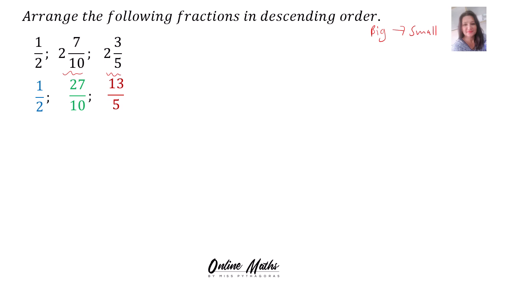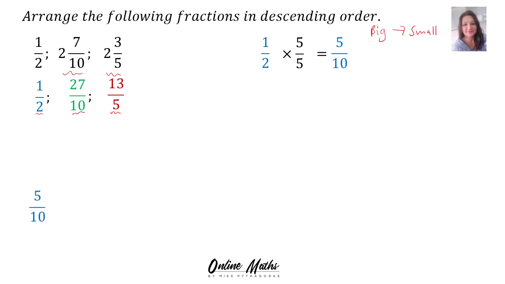So now we will zoom in on the denominator and we will find the LCM, the lowest common multiple, which in this case is going to be 10. Then we take each fraction individually and we will convert. A half times 5 over 5 is 5 over 10.